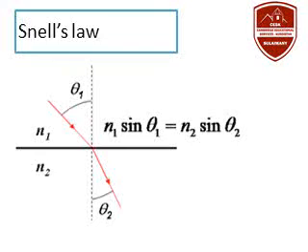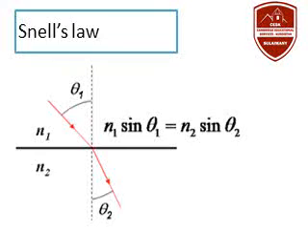Many times we said that an important condition for refraction to happen is that two different mediums exist. So we need two different mediums, and n1 different from n2.